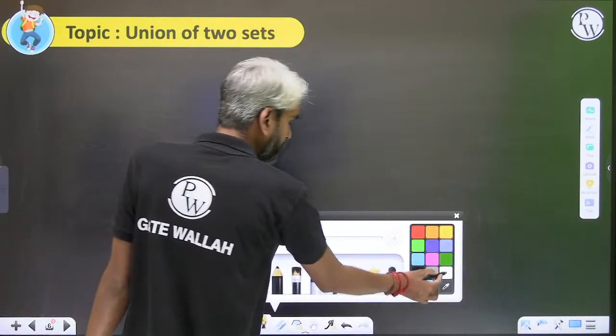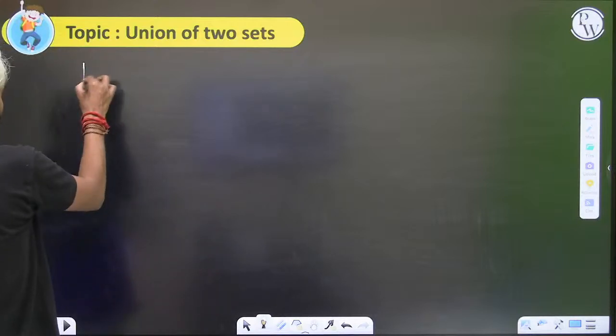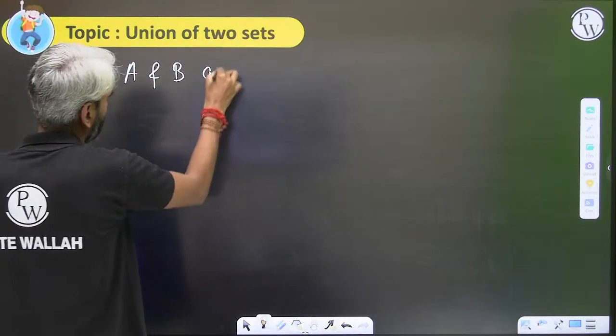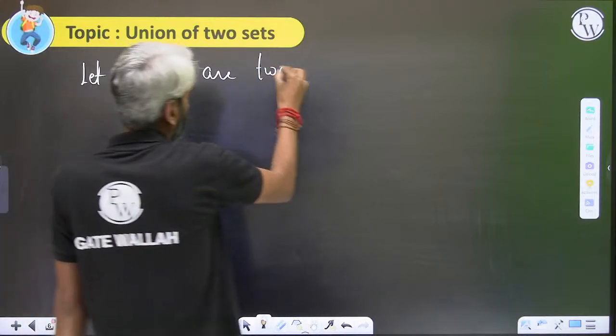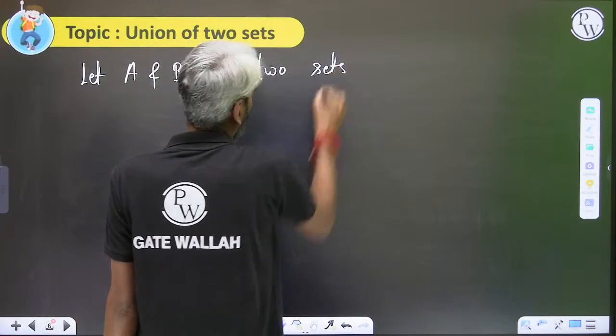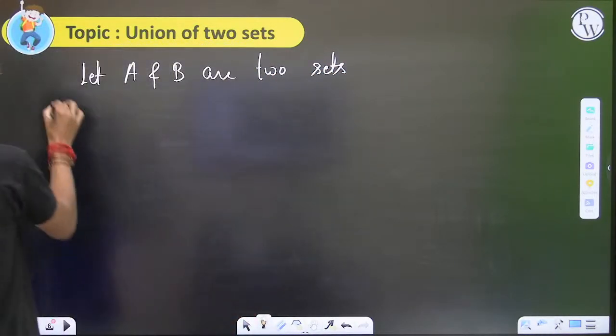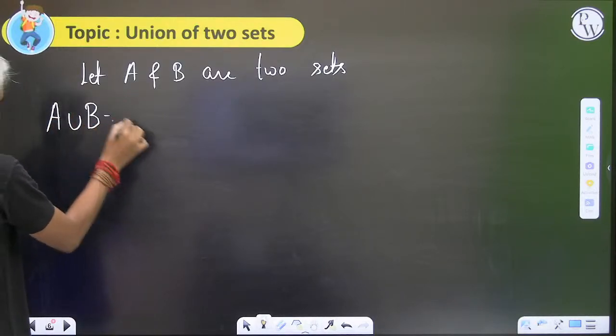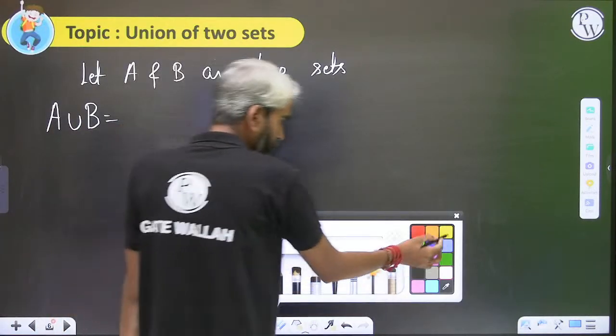Next is union of two sets. Sir, how do we define the union of two sets? So let A and B be two sets. How do we define the union of A with B? Let's first try to understand using the Venn diagram.